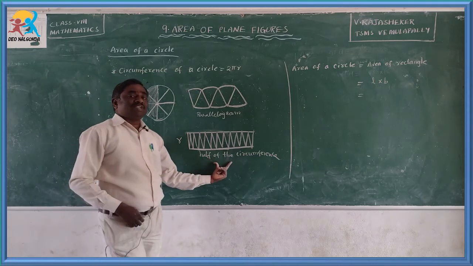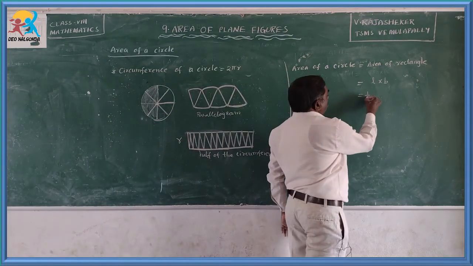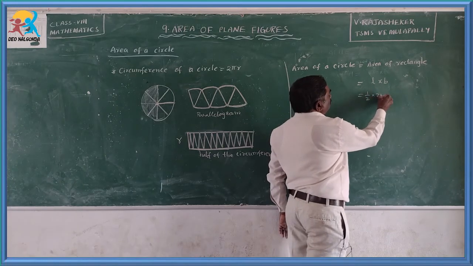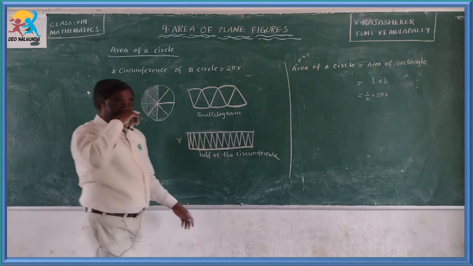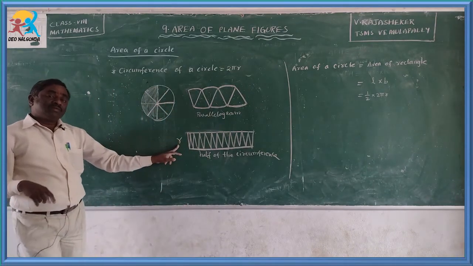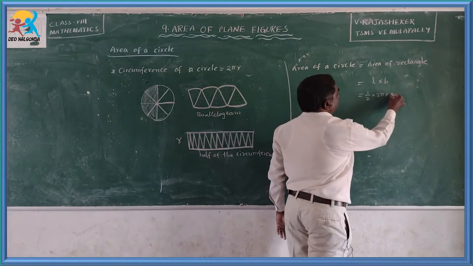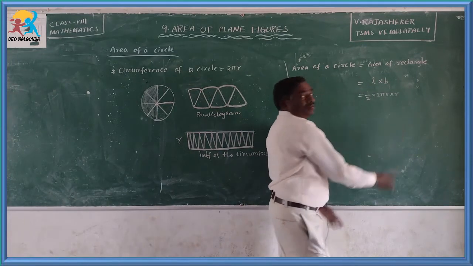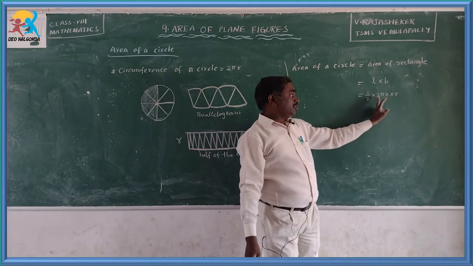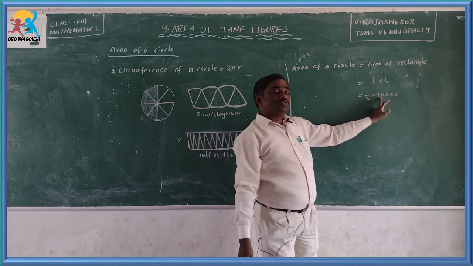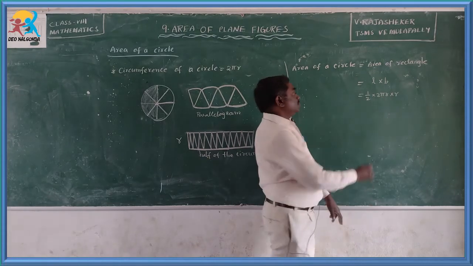Half of the circumference. So half into 2 pi r, this is length. And what is breadth? Breadth is radius, r. Breadth is r, length is 2 pi r, half into 2 pi r. So what is 2 pi r? It is the circumference.